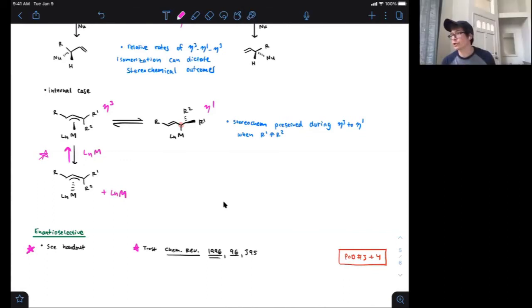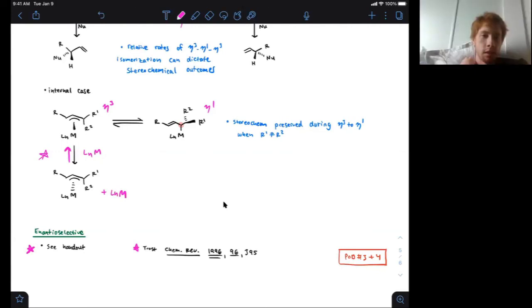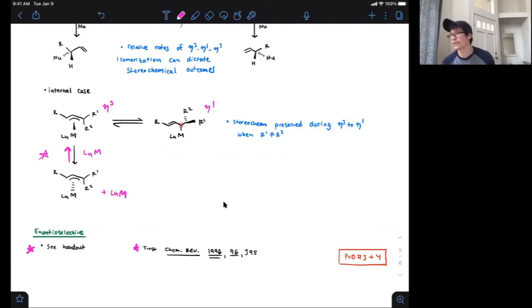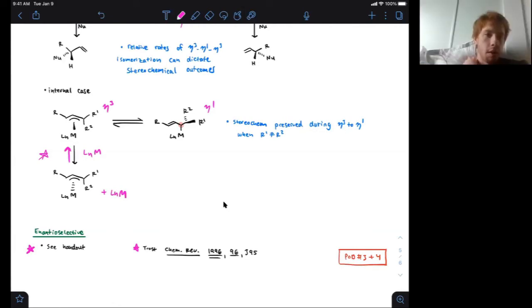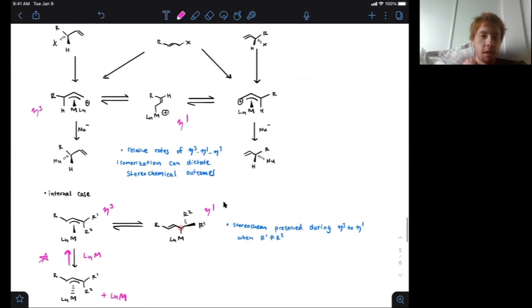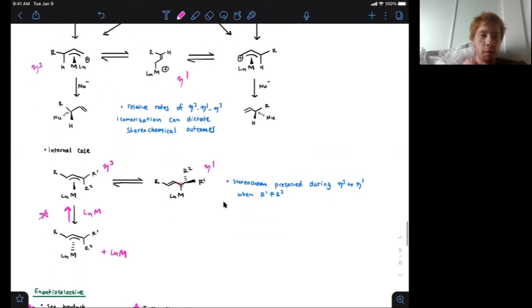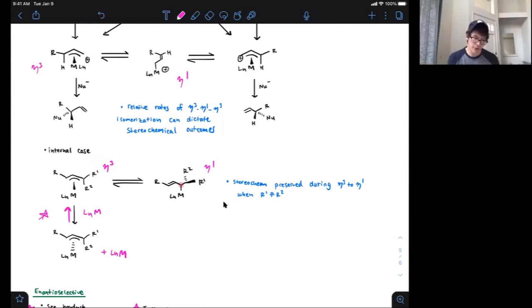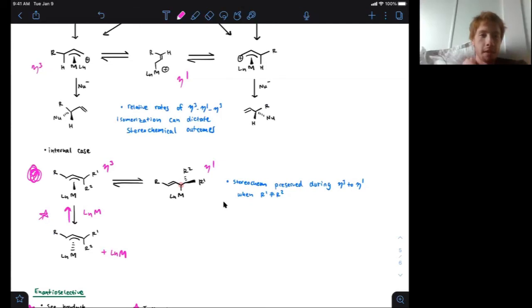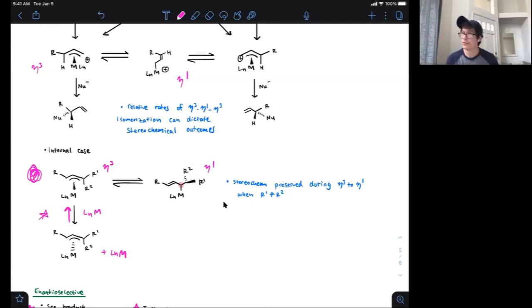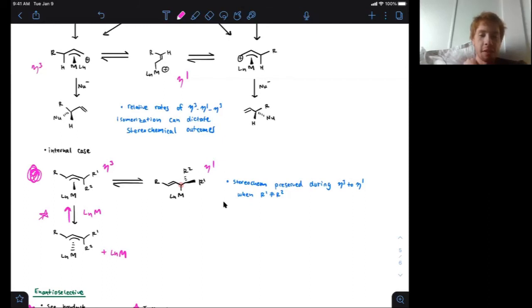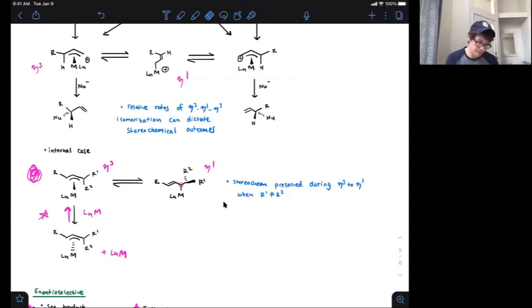Is it reversible, and how to bias it one way or the other? No, I was just making sure it was reversible because it was shown in one direction, and I was wondering if you were saying there was any kind of driving force. Oh, but I'm drawing this as reversible. Okay, that's what I was making sure. Thank you.